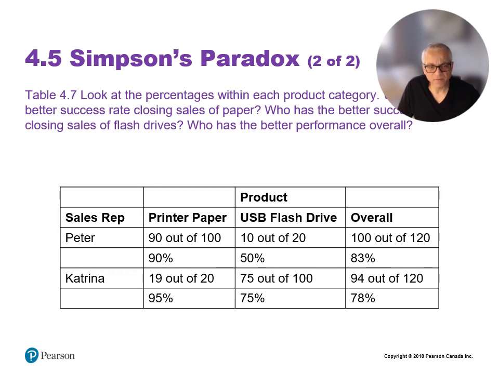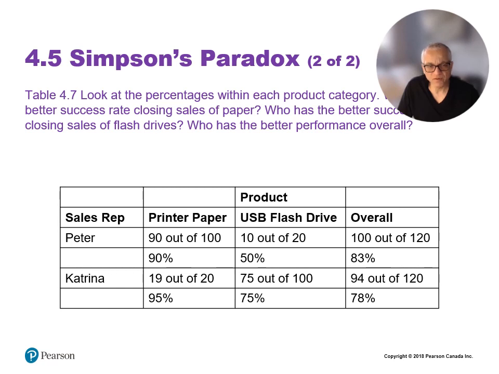I give you a couple of seconds, which means you stop it at your end and then resume again. So if you did that and looked at this table, you might ask the question: who is better, Peter or Katerina, in terms of performance? If you are the supervisor or manager of these two people, and you want to give a bonus or promotion to one of them, who is going to get it?